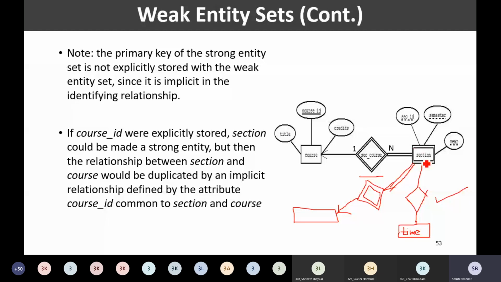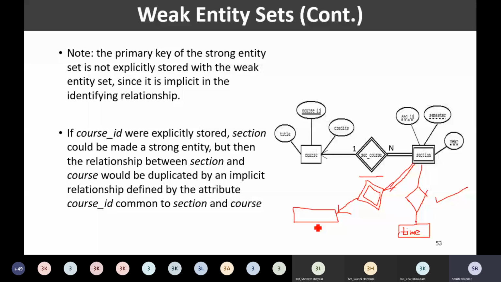Those are actually the identifying entity sets for this weak entity set. In other words, I may say that one weak entity set may be existence dependent on more than one strong entity set. It is also possible.